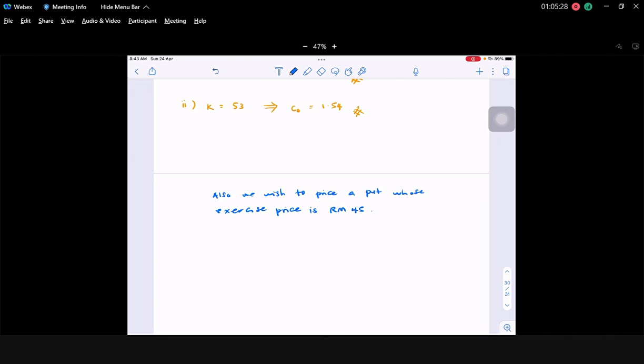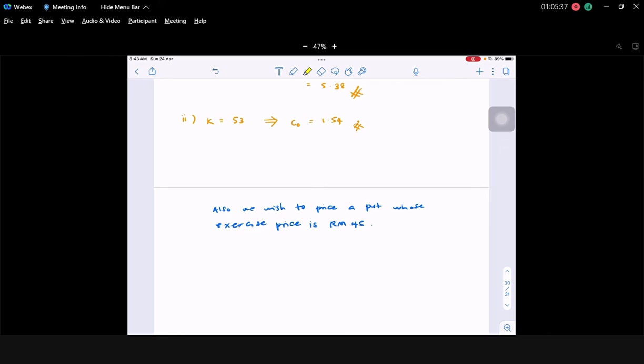Okay, by the same way, so awak akan dapat compute lah. Okay, so put option price dekat sini. Ada sesiapa yang dah dapat jawapan? Apa jawapan kat sini?